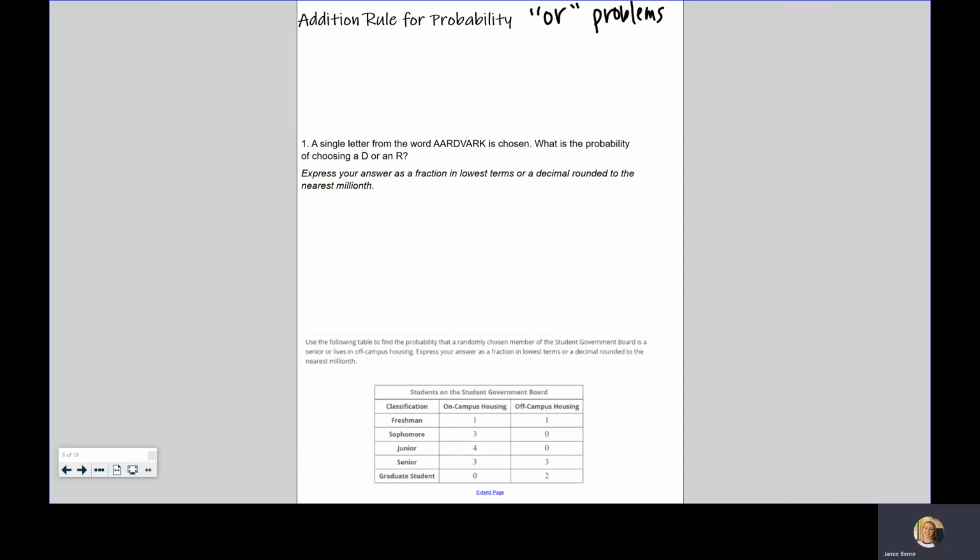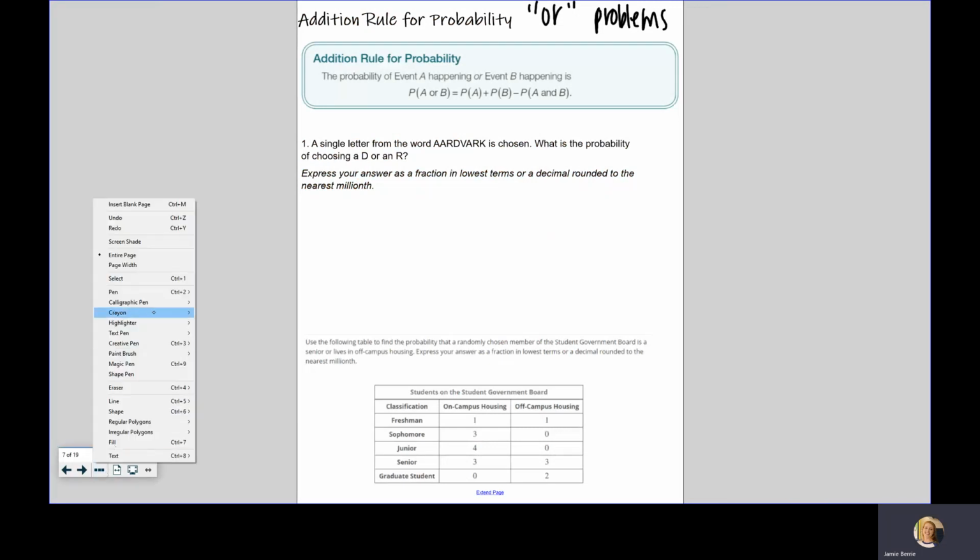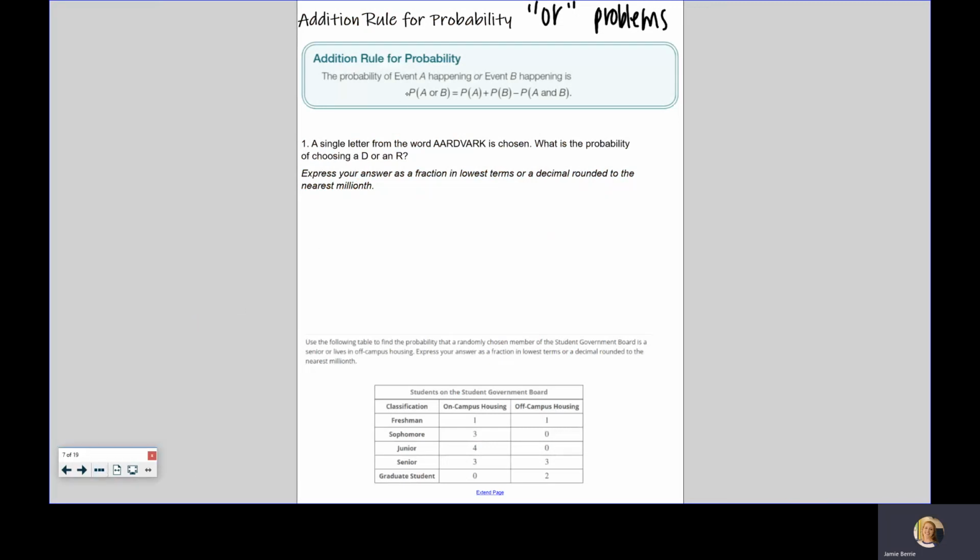All right, so the addition rule for probability states the following. Again, these are the or problems. So here's the addition rule for probability. I'm going to highlight the part that you should write down.